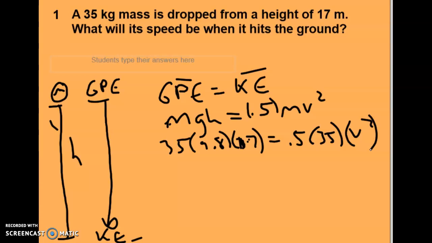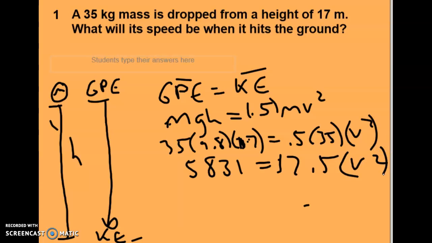Let me do the math. 35 times 9.8 times 17 is going to be 5,831, which will be equal to 0.5 times 35, which is on the right side of the equation, about 17.5, times v squared. Now I'm looking for v squared. The first step in order to get to v squared is to divide both sides by 17.5.